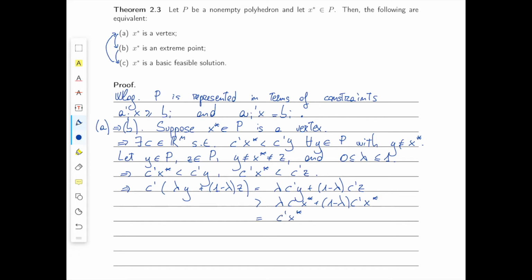So what did we understand from these calculations? We've understood that the cost of a vector of the form lambda y plus 1 minus lambda z is always strictly larger than the cost of x star. Therefore, x star is different from lambda y plus 1 minus lambda z, and x star is an extreme point.